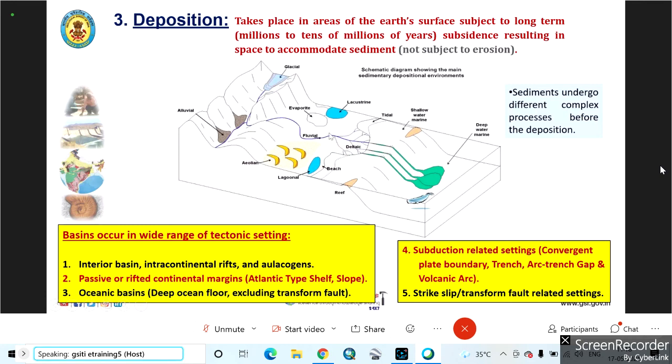These tectonic settings are: first, interior basin, intracontinental rift, and aulacogen basin. Second is the passive or rifted continental margin, that is the Atlantic type shelf or slope areas. Third, oceanic basin, that is the deep ocean floor, and this excludes the transform fault that has a separate category. Fourth is the subduction related setting, and fifth is the strike-slip transform fault related setting.